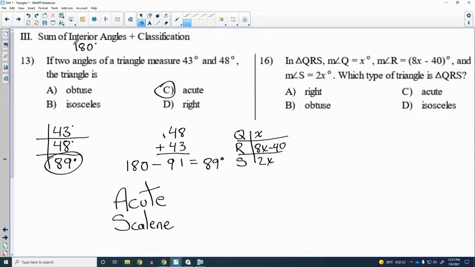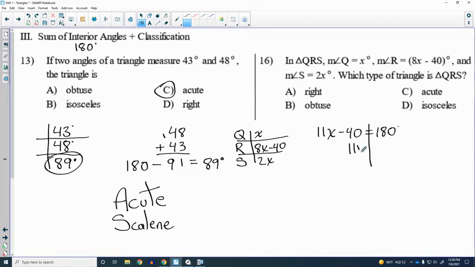I remember my noble truth about all triangles is that they always sum to 180 degrees. So I'm going to add these all up. I get X plus 8X plus 2X, which is 11X. And then there's only one that has a number, so it's going to stay. And that's going to be equal to 180 degrees. Now, with some simple algebra, I could solve for X. I like to transpose, so I'm going to bring my negative 40 to the other side.